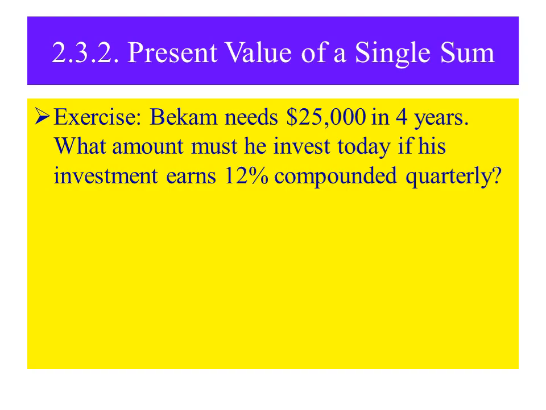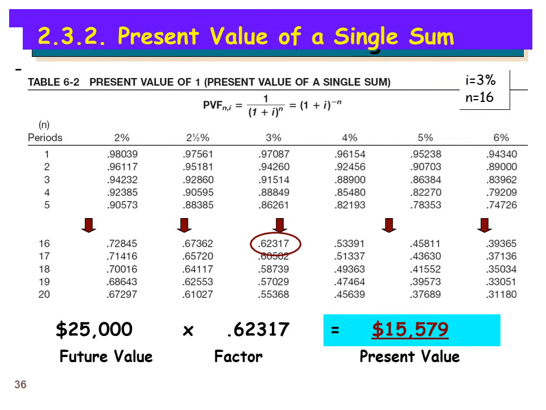Our n value is 16, and our i value is 3, because i is equal to r over the period, that is the quarter, which is 4. 12 divided by 4 becomes 3%. Then we can calculate our present value by using different mechanisms.